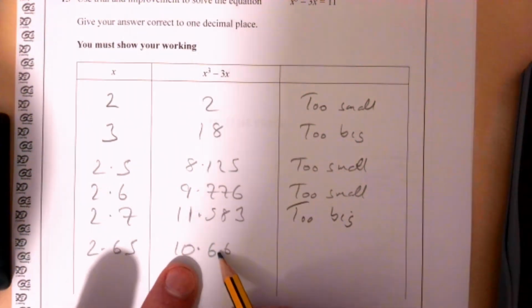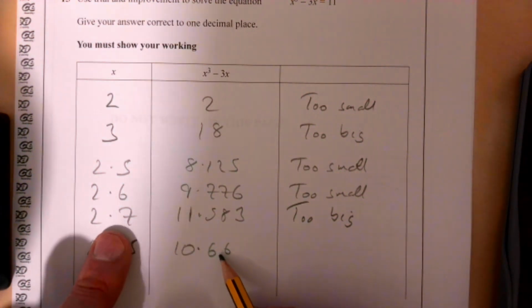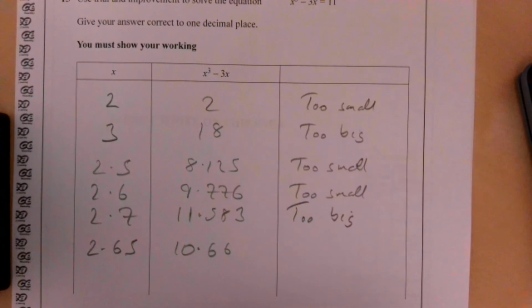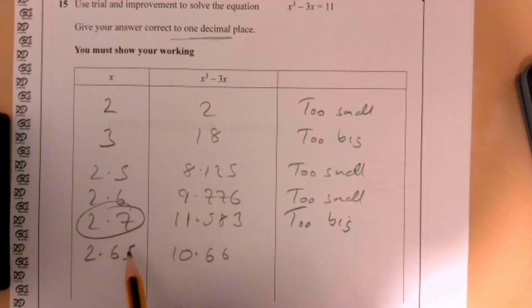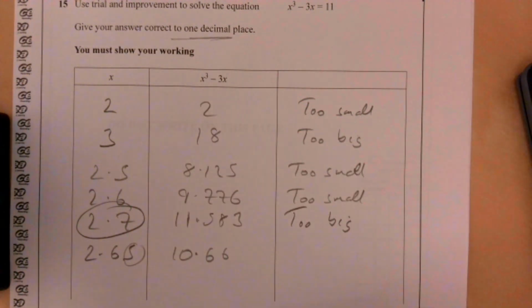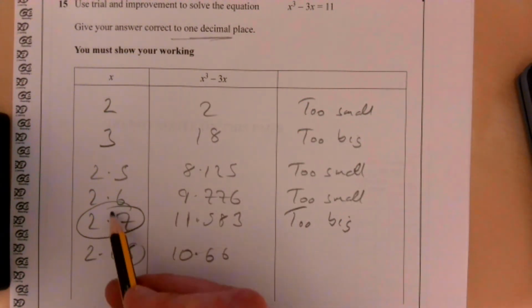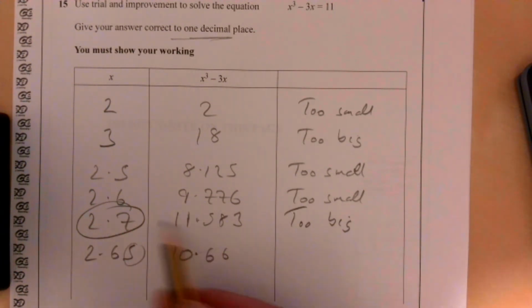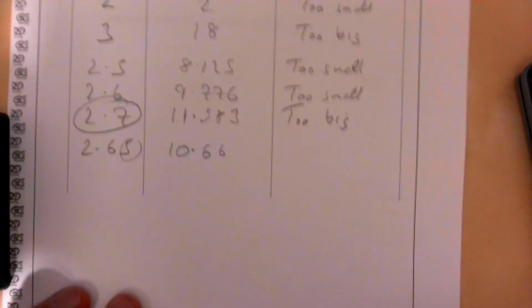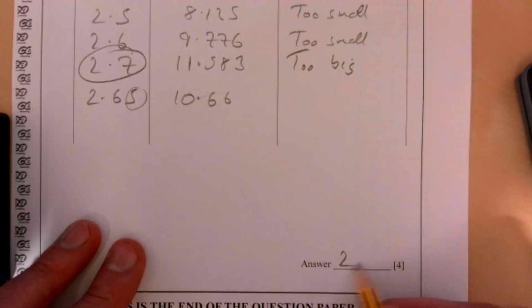And the fact that this is low means it needs to be on the higher side. So it means my answer is going to be 2.7. But even though it says give your answer to 1 decimal place, we always need to check the 2 decimal places just to see which side it's going to lie on, because it isn't always the case that even though it's closer here, it's going to be 2.7. We need to check with the halfway one. Okay, so 2.7 is the answer I would put in here.